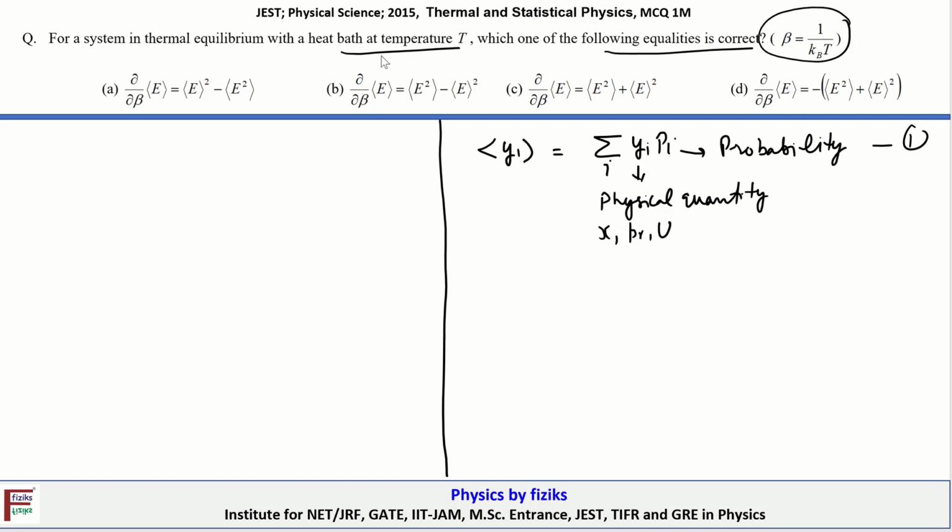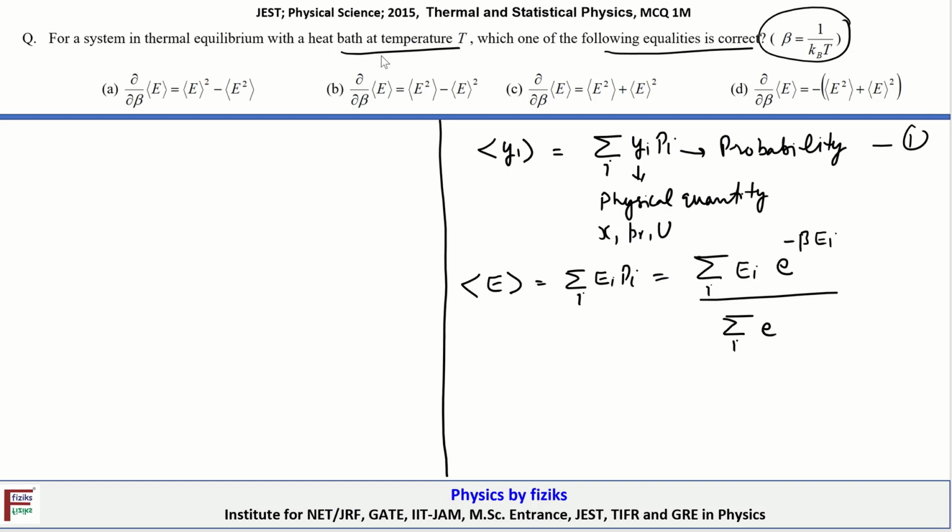So now because we are interested in the average of the energy, we will write that average of E is equal to sum over i of ei pi. So that is equal to sum over i ei, and then we will substitute the definition of the probability, which is exponential minus beta ei, divided by sum over i exponential minus beta ei.